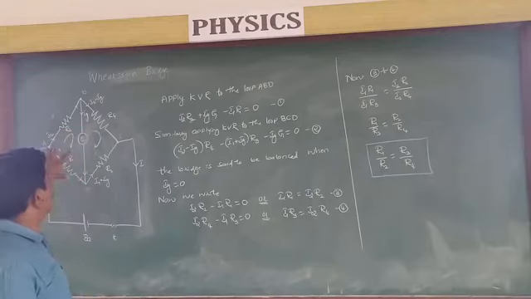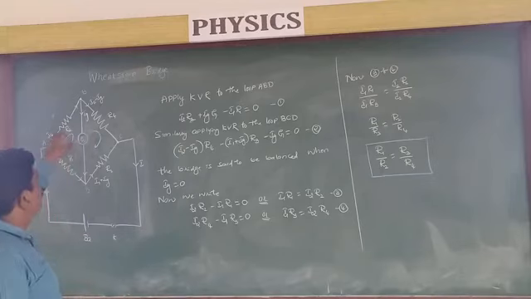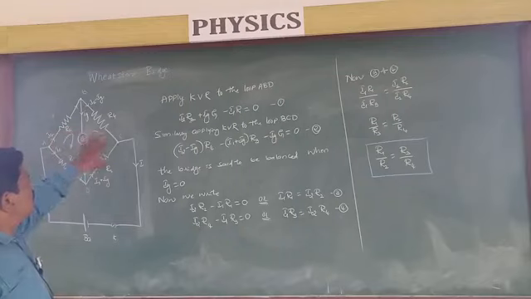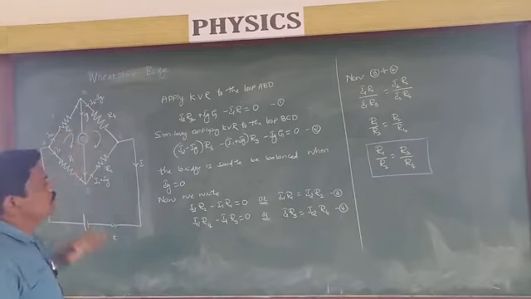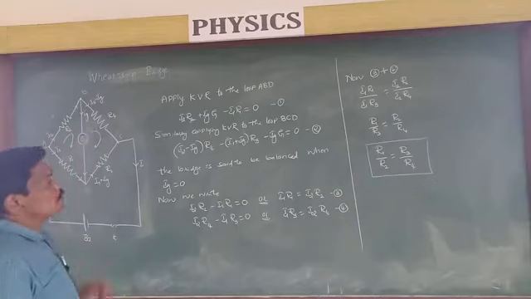So you have to connect one unknown resistance and you have to take three known resistances and balance the network. So by adjusting the values of R2, R3 and R4 to get current through the galvanometer 0, it can be detected with the help of the galvanometer.